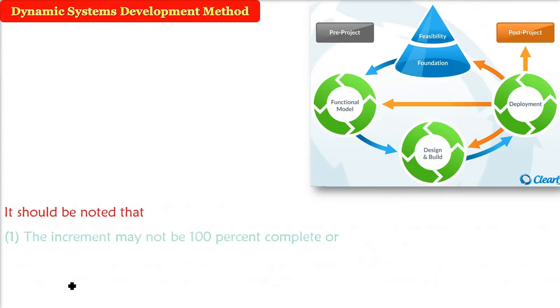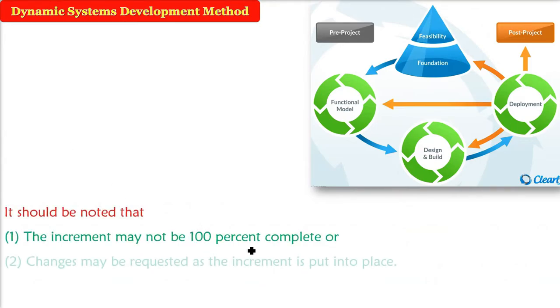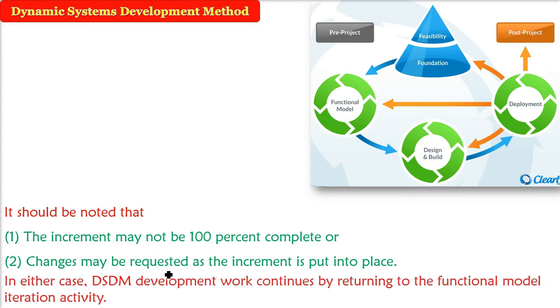One more thing we have to note here is that 100% completion is not at all required, and changes may be requested as the increment is put in place, that is the incremental prototype. In either of these two cases, DSDM development can go back to the functional model iteration. I told you about FMI, so you can go back whenever you want, because that is the development model that is produced.